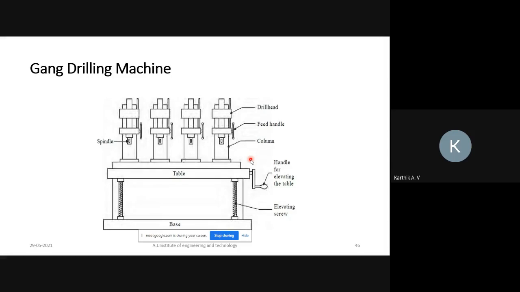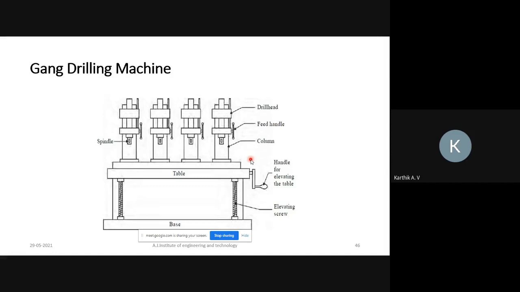Understood? In a single workpiece, multiple locations, not the same location, you can carry out multiple operations. We'll discuss later which operations can be carried out: countersinking, counterboring, reaming, tapping, the different operations in a drilling machine.